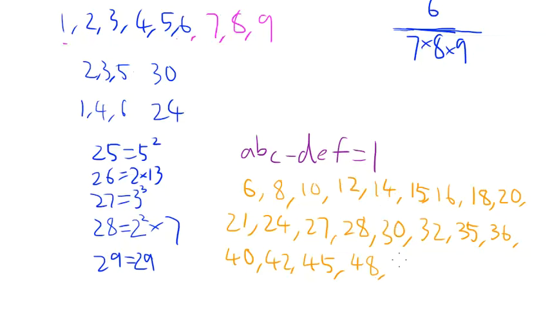Okay, we can get 54, 56, 60, 63, 64. How do we get 64? Well, 2 times 4 times 8, that's 8 times 8, which is 64.